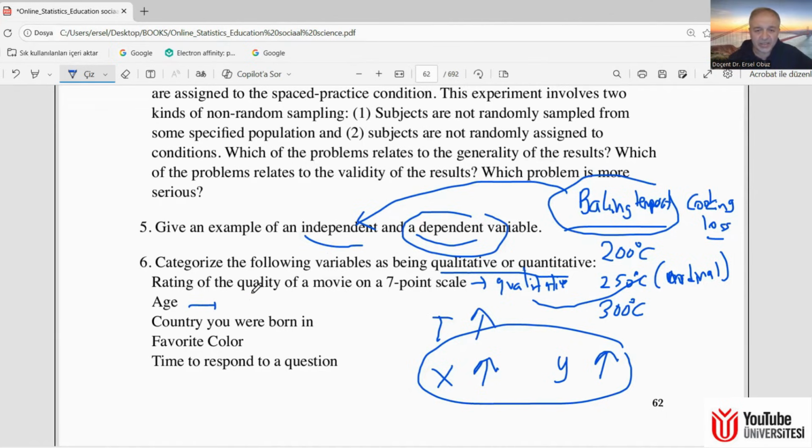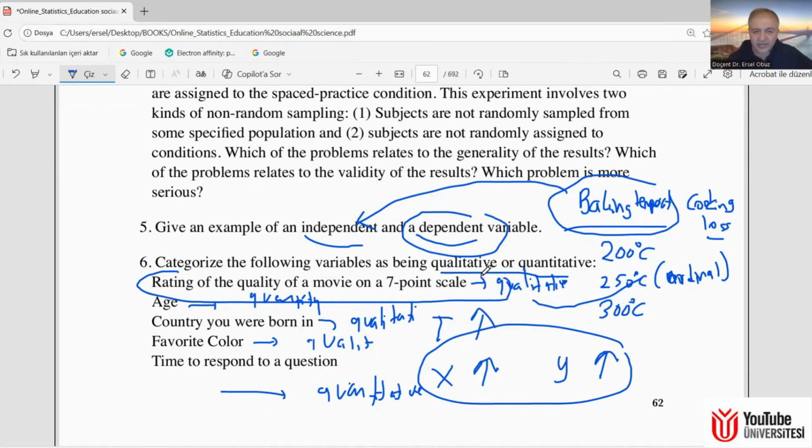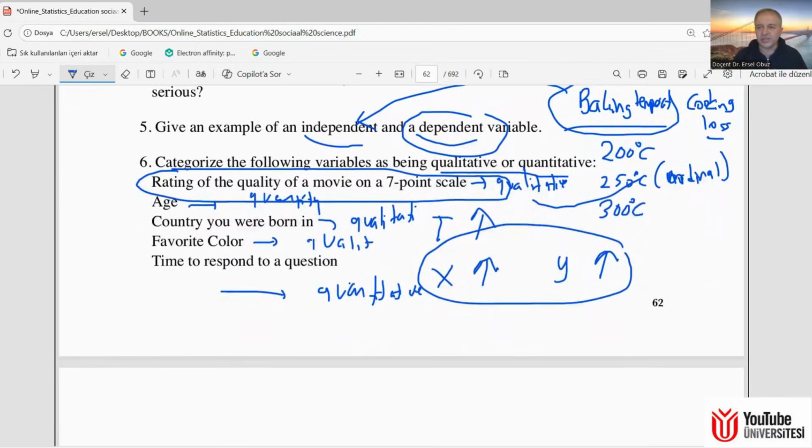The age is going to be quantitative. Country you were born in is going to be qualitative. Favorite color is going to be qualitative. And time to respond to a question is going to be quantitative. There is some discussion about this rating stuff, but basically if it's an ordinal scale, you can call it a qualitative variable. There is some discussion as to this concept.